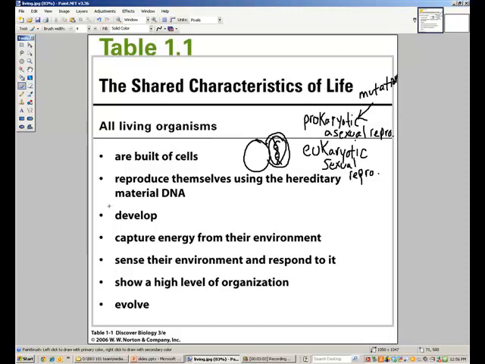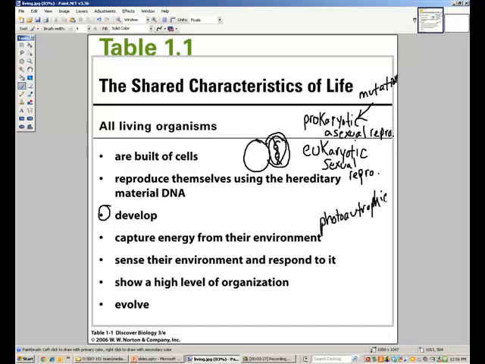All right, the next one would be develop. That simply means that they develop and become more organized and mature over time. Another is to capture energy from their environments. The food system we're going to study, the food web, is going to be a photoautotrophic food web.